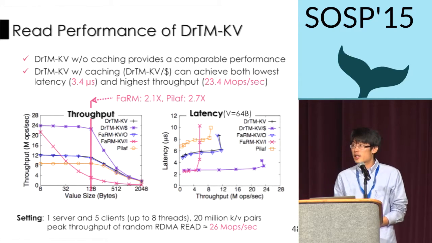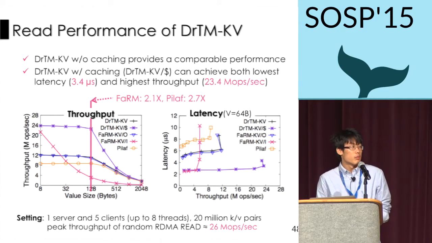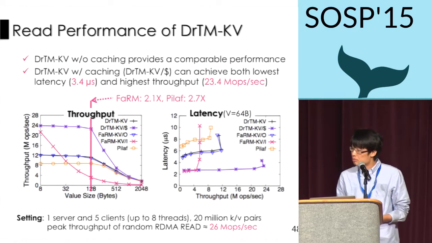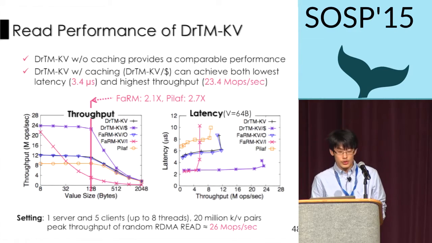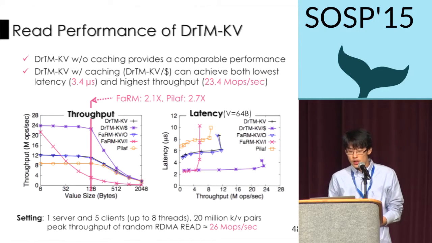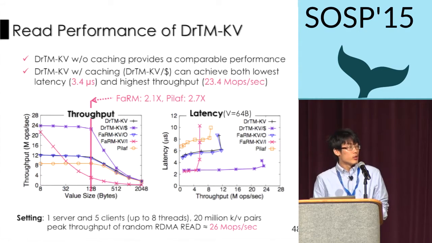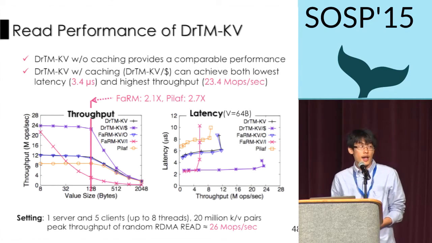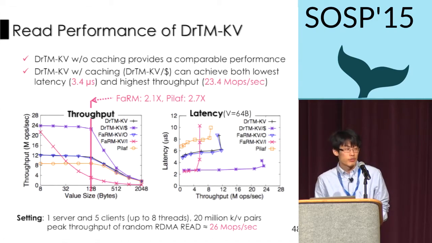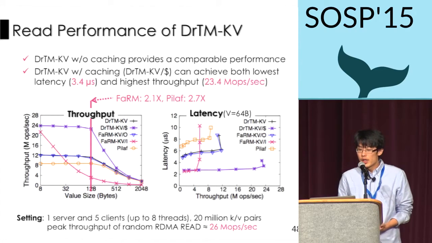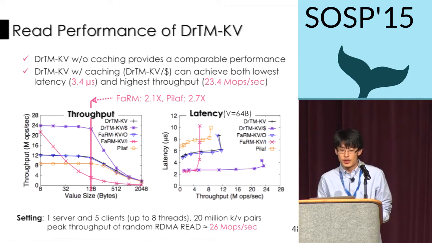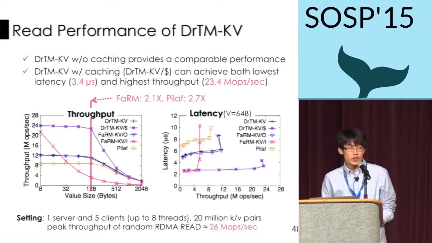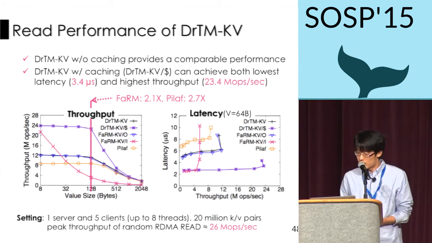We compare the DrTM key value store with caching with other RDMA-friendly hash tables, and we use the purple line to mark our hash structure. This is a uniform workload, and the cache is starting from an empty state. As we can see in this figure, the DrTM key value store with caching can achieve the lowest latency and highest throughput.